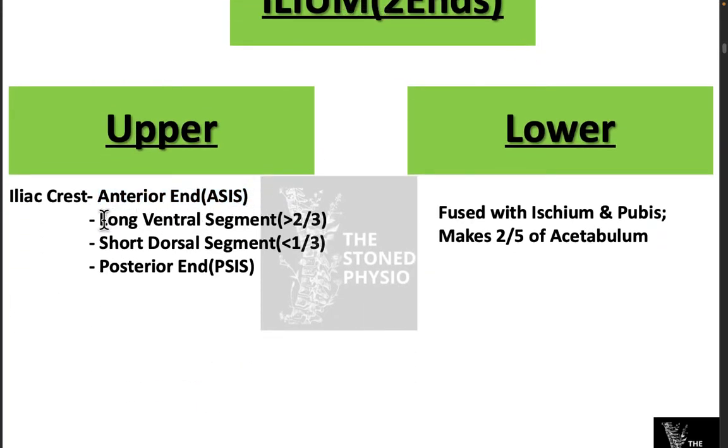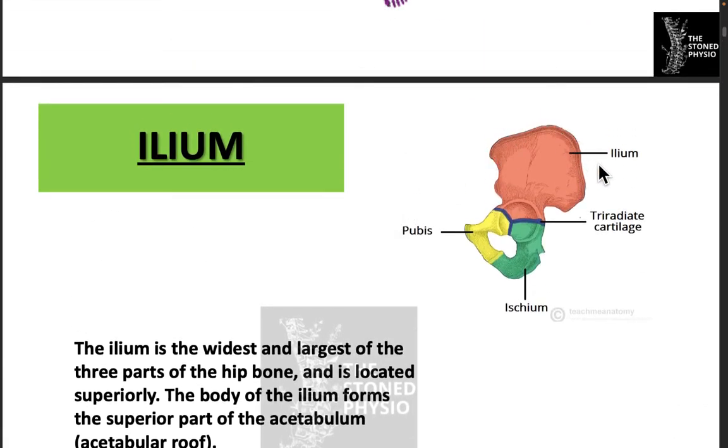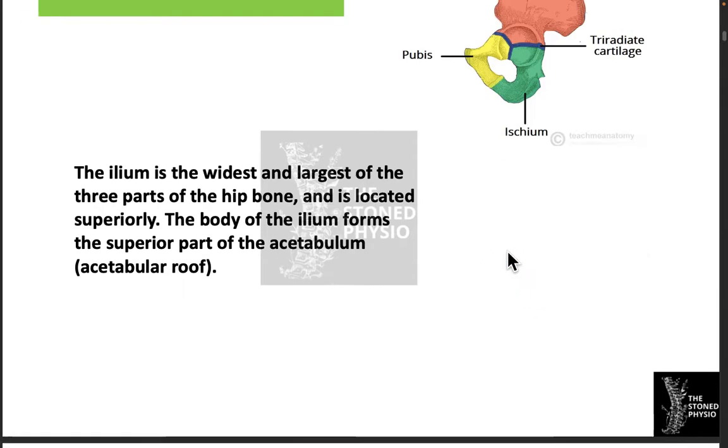Here we can see we have got a long ventral segment that makes more than 2/3 of the upper border of the ilium. Right now we are supposed to talk about the upper border of the ilium. In the anterior most part we have the ASIS, then a long ventral segment which makes more than 2/3 of the upper border, then a short dorsal segment, and then the PSIS, that is the posterior superior iliac spine.